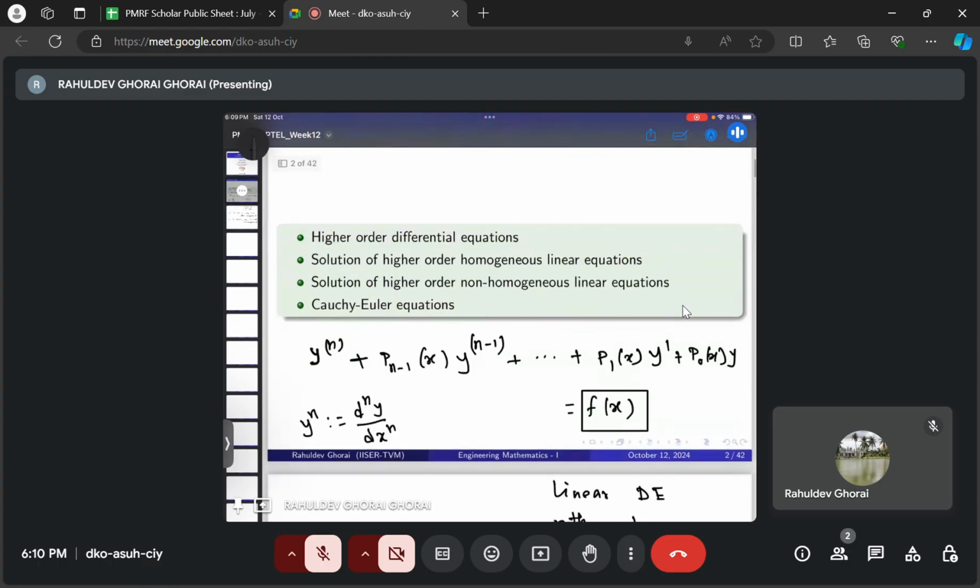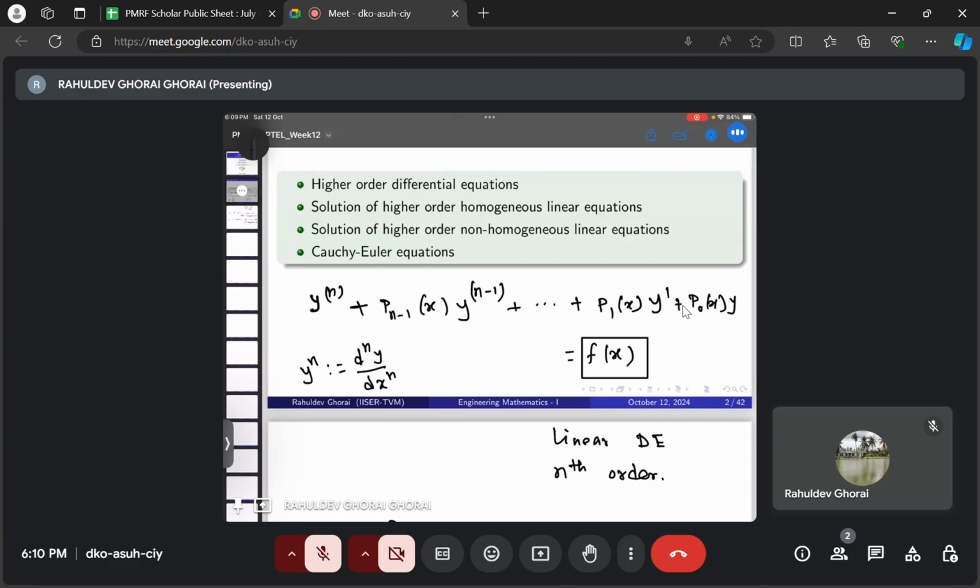So we will be talking about this equation for both cases, but we will restrict ourselves to the linear case. And then we'll talk about the Cauchy-Euler equation while doing the example problem.